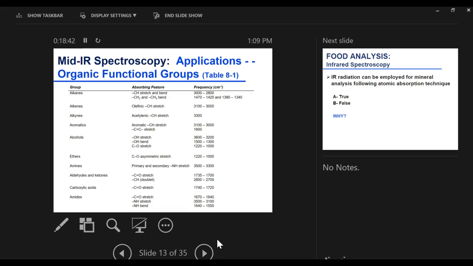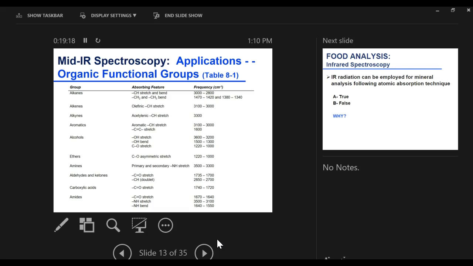And same with aromatics, which have different functional groups that would stretch, alcohols, and so on, and this gives you the frequency at which these bonds would vibrate. Okay, so it's very characteristic. They are known in the literature. That's why we can use them as a strong identification tool for structural elucidation, because we know their wave numbers, we know what they are, so we can piece together the information and get structural identification of different compounds.